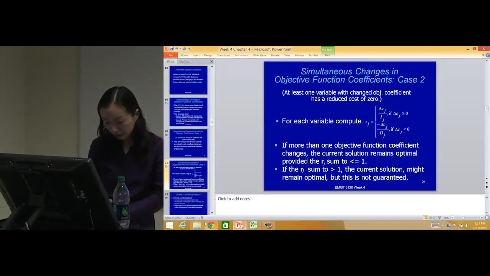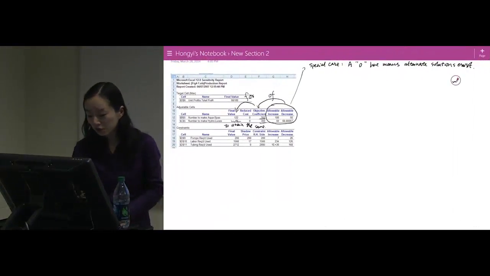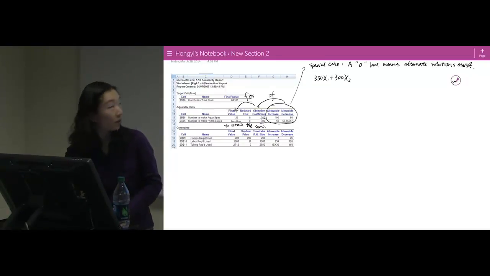So let's go back to our notes here. So for simultaneous change, for example, now the original objective function is this. Okay, and now we're going to change this one to be 340 x1 plus 310 x2.